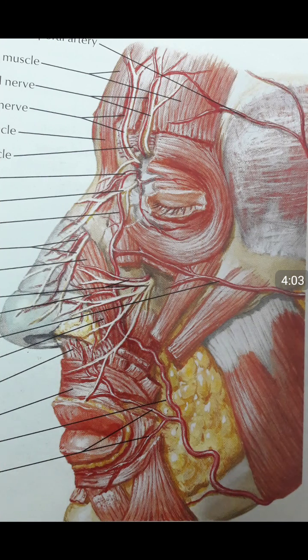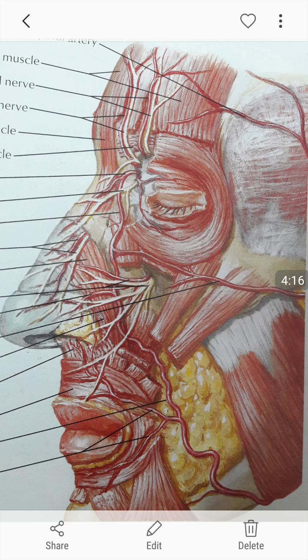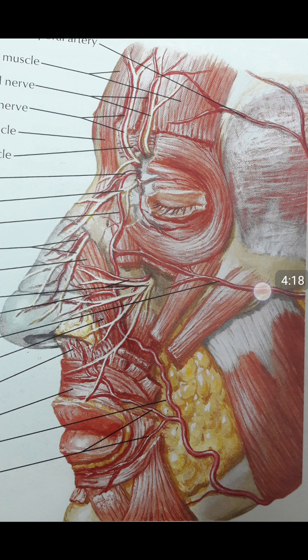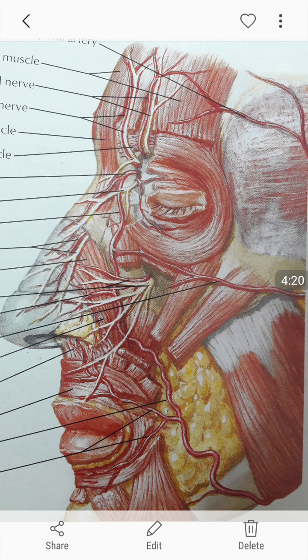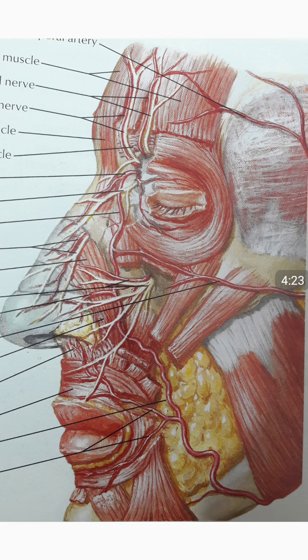And this is the magnified view of the transverse facial artery. So this is the transverse facial artery when it moves anteriorly just below the zygomatic arch, and then it anastomoses with the facial artery here. These smaller ones are the alar branches of the facial artery.